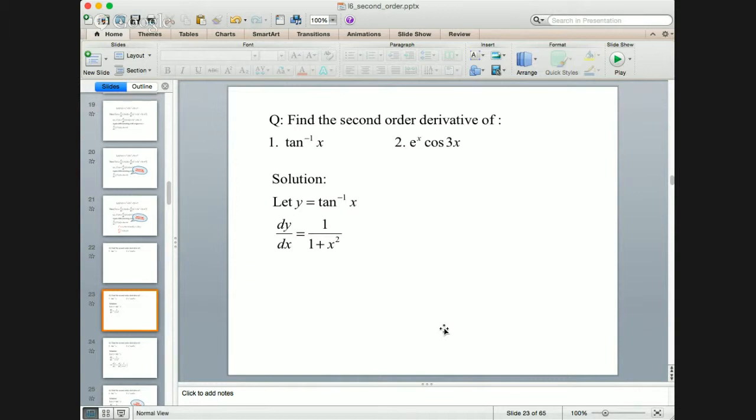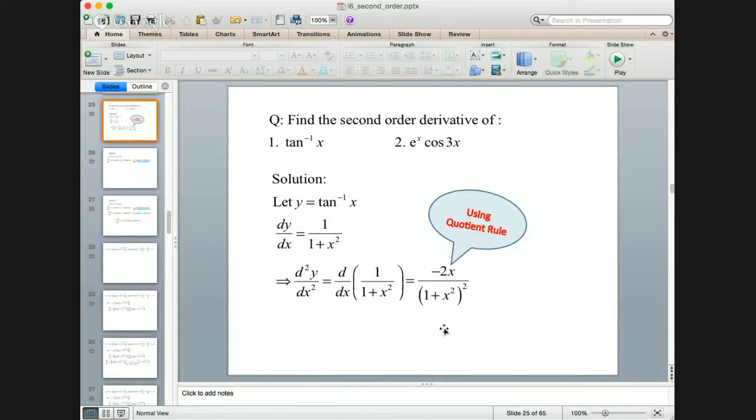The only thing that you need to use is either the chain rule or the quotient rule and then chain. Using the quotient rule, the second derivative turns out to be negative 2x by 1 plus x square whole squared. So there is not much that one needs to worry about here, but these are very basic functions that you would constantly be using.